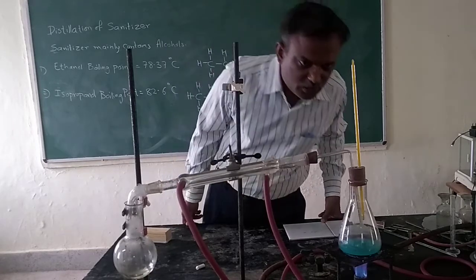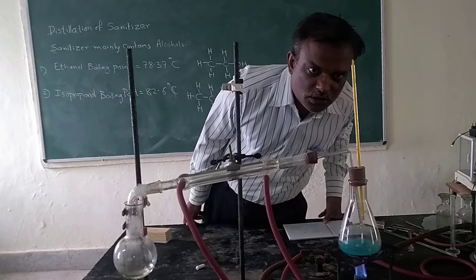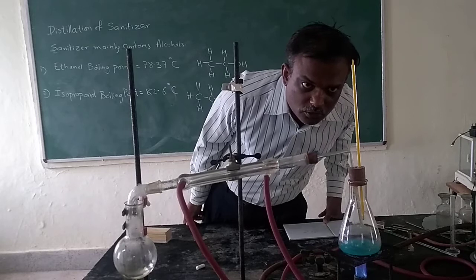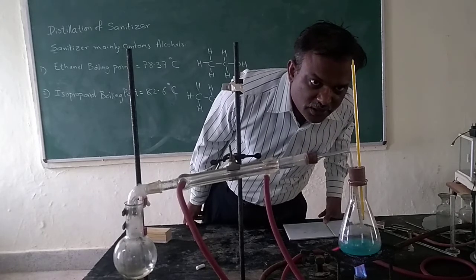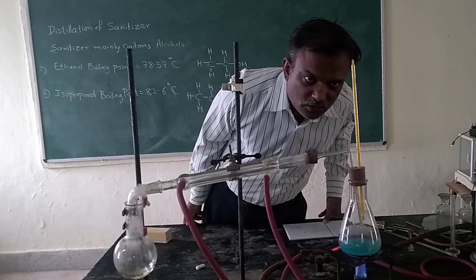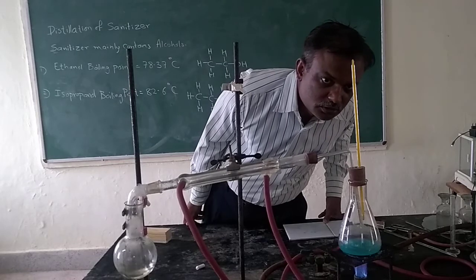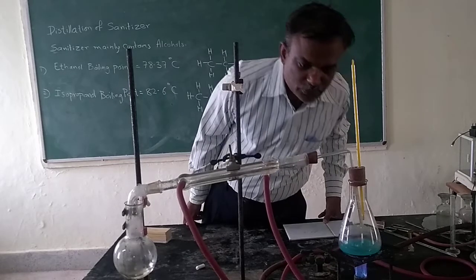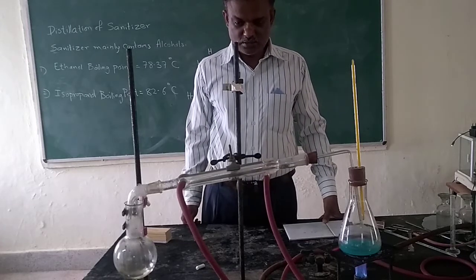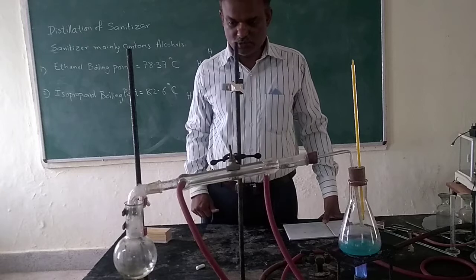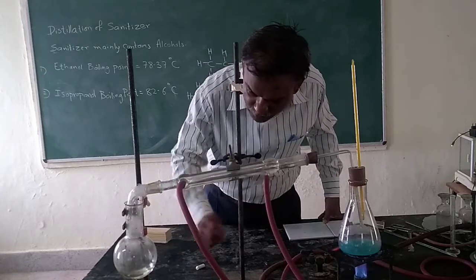See, the boiling point is not going above. It is remaining at 82 degrees, 83 degrees. Now it is going to increase, and thus we are getting the fractions of the isopropanol at this round bottom flask.